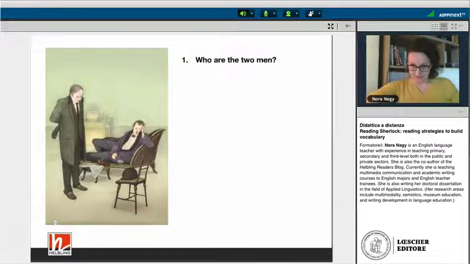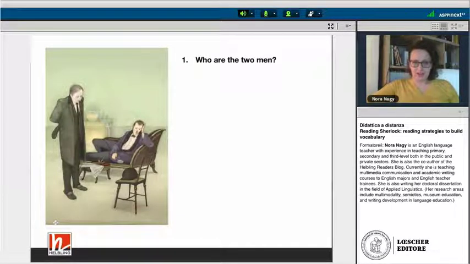Someone is making a nice deduction. It's Holmes because there's a pipe. Victims of a theft. Why do you think that they are victims of a theft? What do they look like? Nora. They look very sad and desperate. All right.